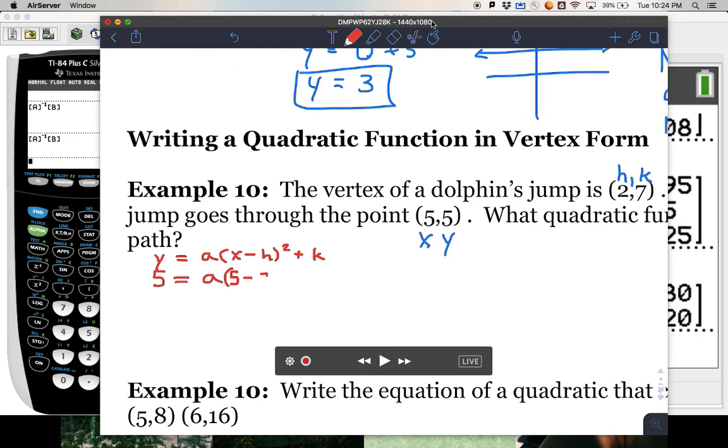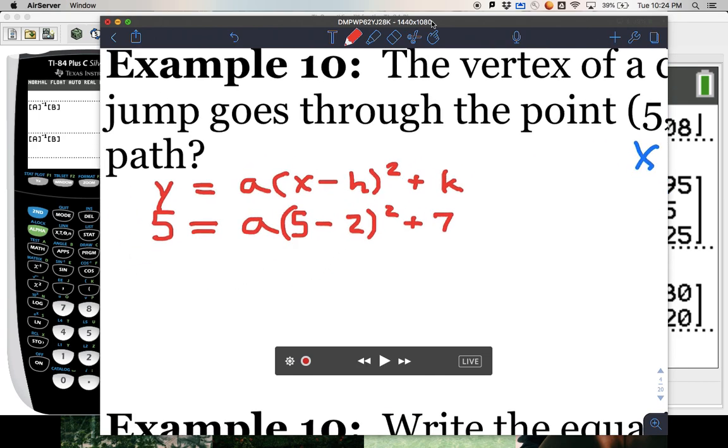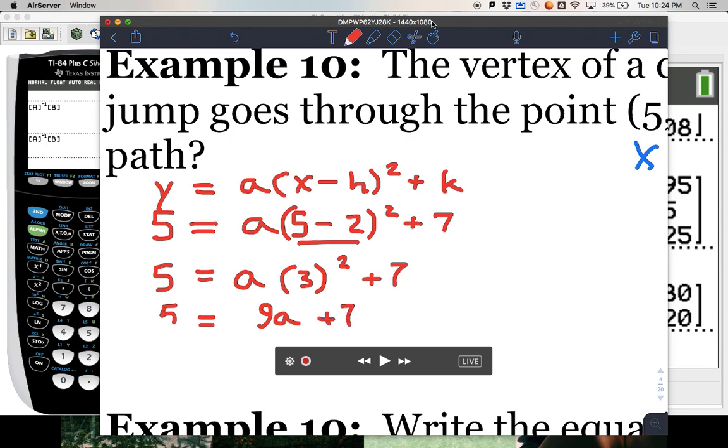H was 2, and k was 7. Theoretically, now we can use algebra and solve for a, but we need to follow our order of operations. So you have 5 minus 2, that'll be 3, and 3 squared is 9. So I'm going to write it as 9a. So 9a plus 7 then equals 5.